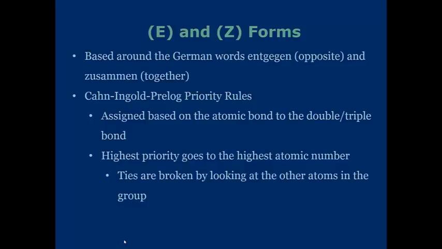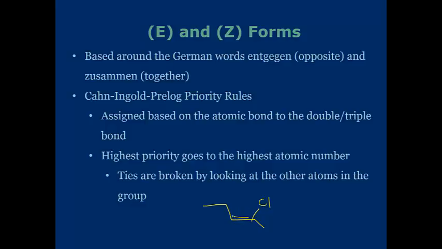So, let's do an example here. Let's say I have this compound. How would I classify this? Well, this is 2-chloro-2-pentene. And we have to look at the groups. So where does this chlorine fit?